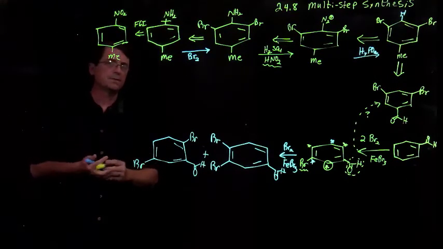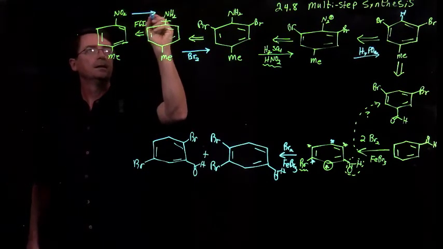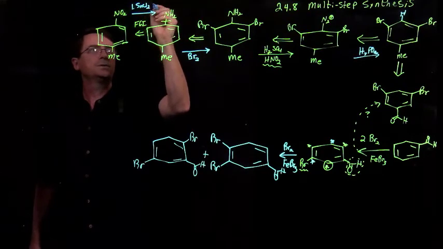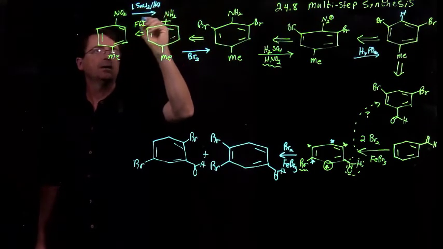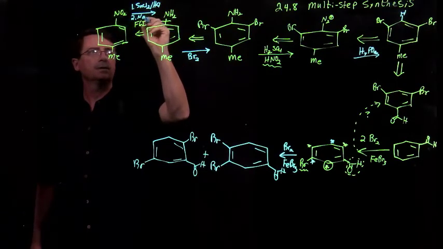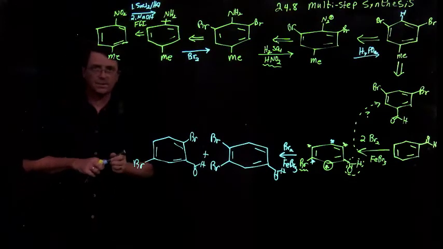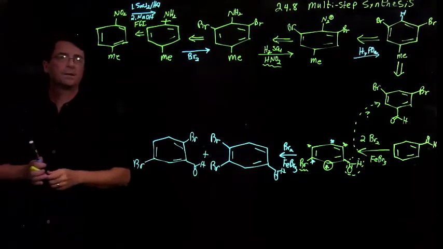There are a number of different reagents, but the new one that we've learned recently was SnCl2, stannous chloride, tin 2 chloride with HCl, followed by neutralization in the workup with sodium hydroxide will achieve that reduction. Now we're back to a classical electrophilic substitution.